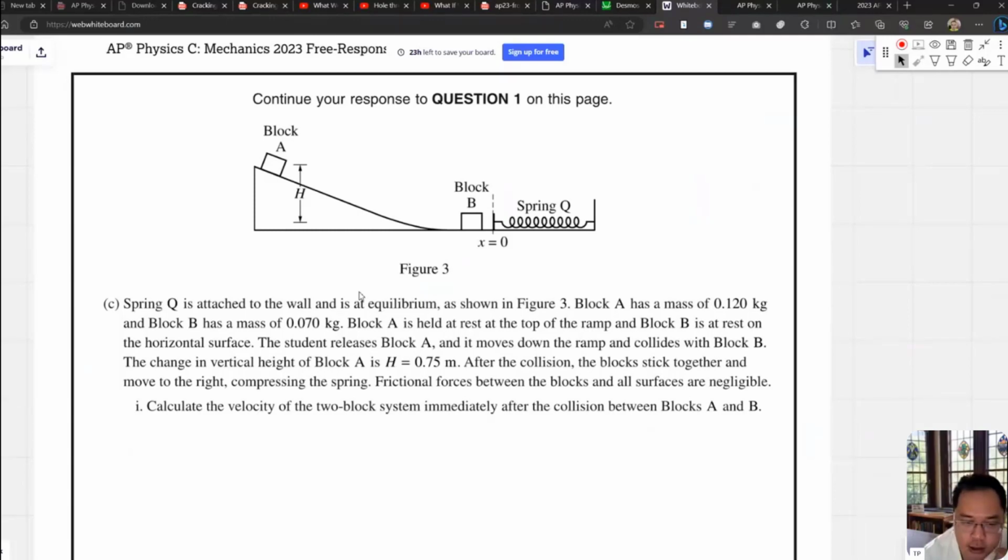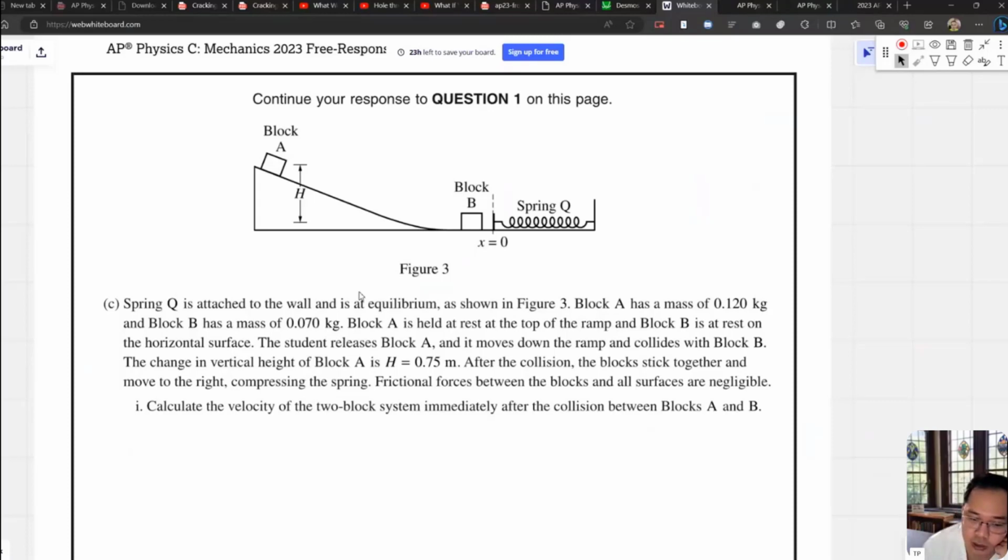They will collide when the block A is released. The change in the vertical height of the block A is 0.75 meters. After the collision, the blocks stick together and move to the right, compressing the spring. Frictional forces between the blocks and all surfaces are negligible.